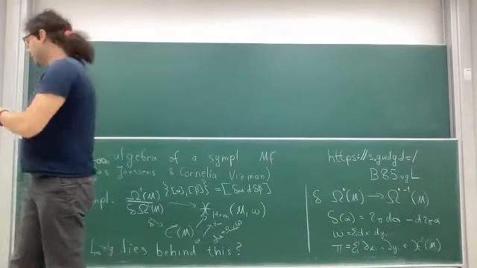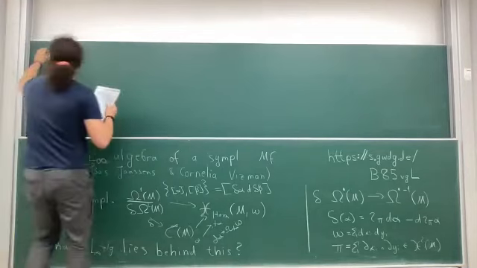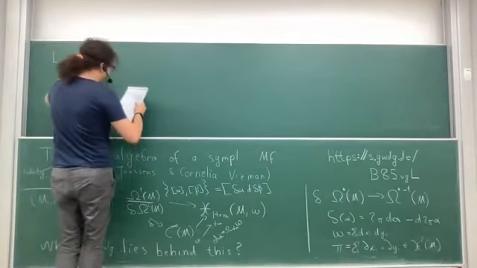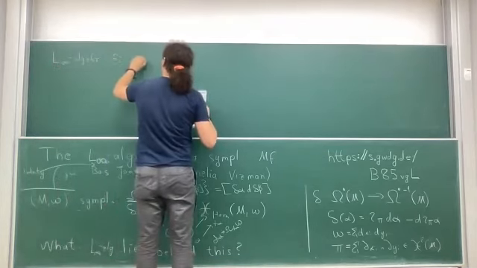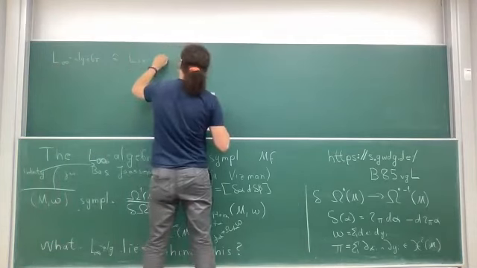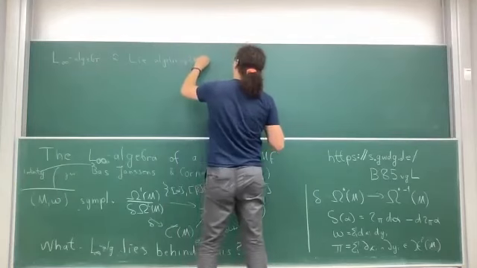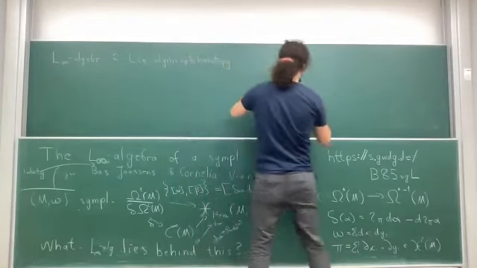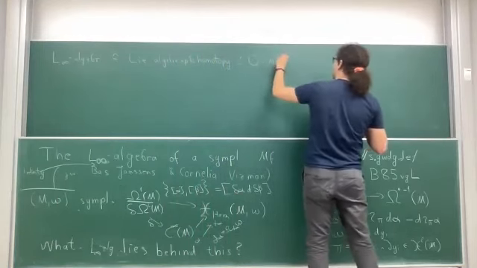So I will just give the shadow of an introduction to L-infinity algebras. An L-infinity algebra can be seen as a Lie algebra up to homotopy, or a Q-manifold over a point, that sort of thing.